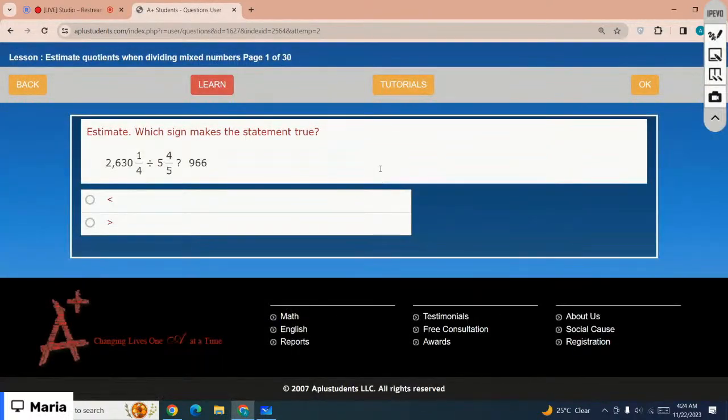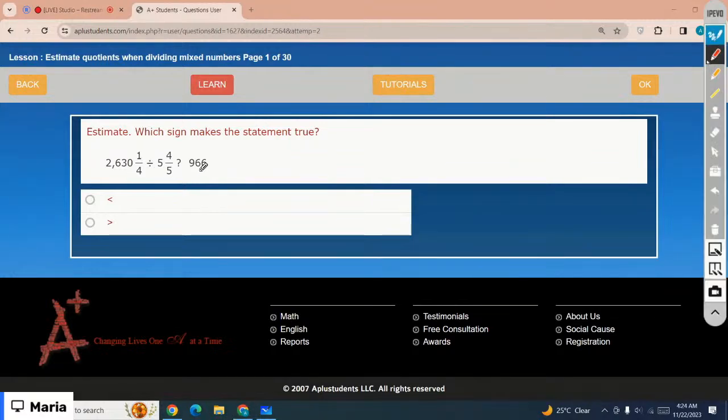Okay, you have 30 whole 1 by 4 divided by 5 whole 4 over 5, and we have to compare it to 966, right? First, just round off the divisor, right?